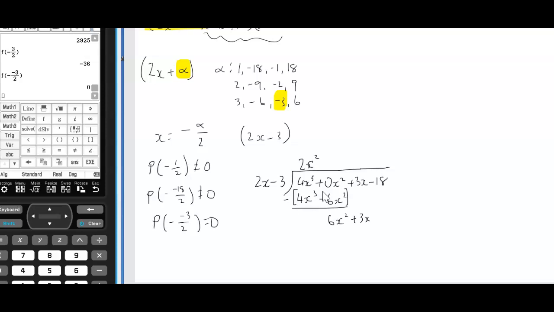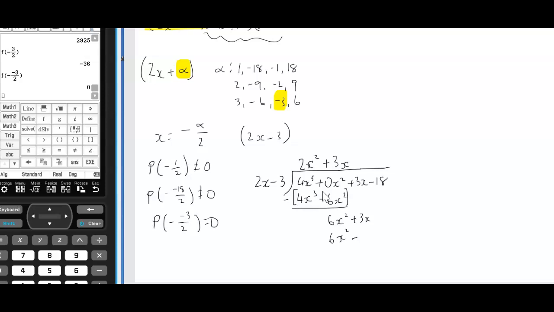So 2x into 6x squared gives you 3x. Then multiply that through again, so we get 6x squared, and then 3x times negative 3 is negative 9x. Did I make a mistake? I don't think so.